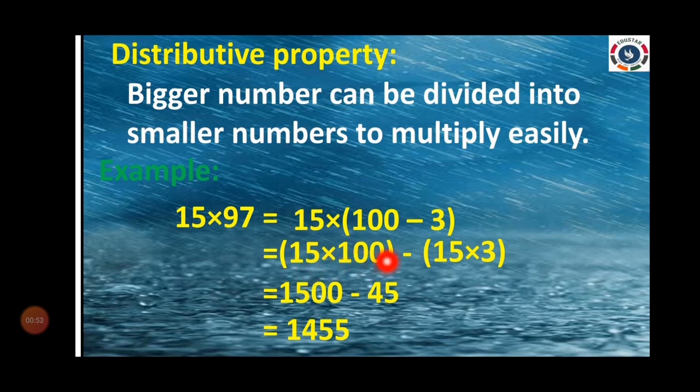Then how many zeros does it have? 2, that you write next to 15. So 1500. Then minus 15 into 3, how much? 45. Then you subtract these two values, you will get the answer finally. So that is equal to 1500 minus 45 equal to 1455.